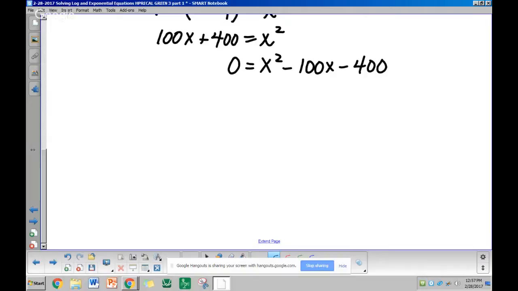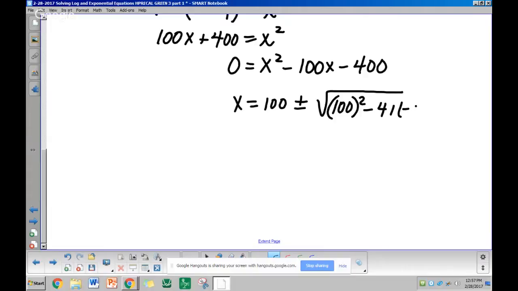That would be hard. Okay, let's do the quadratic formula. x equals 100 plus or minus the square root of 100 squared minus 4 times 1 times negative 400, all over 2a, which is 2, and then 2 here.